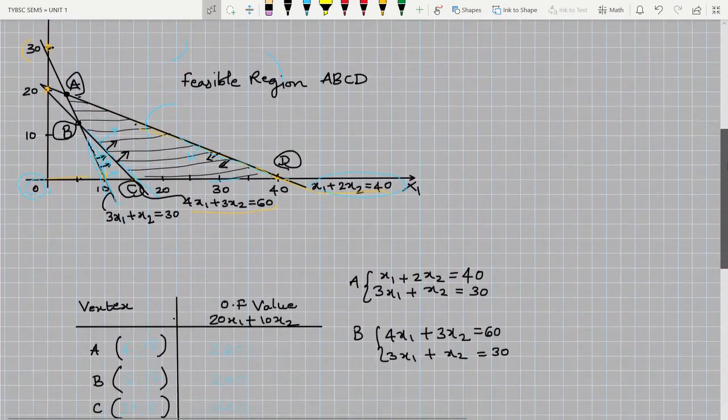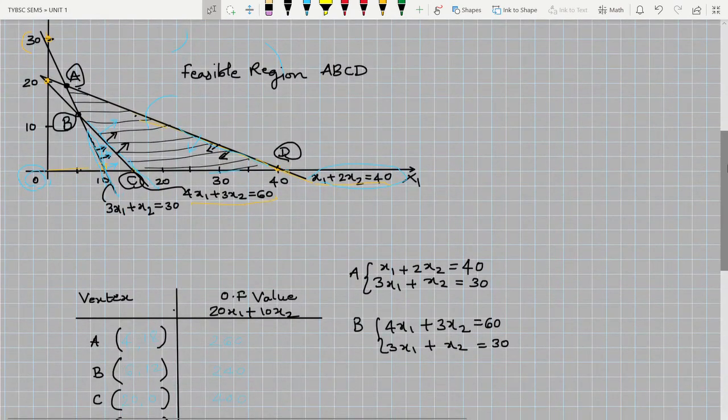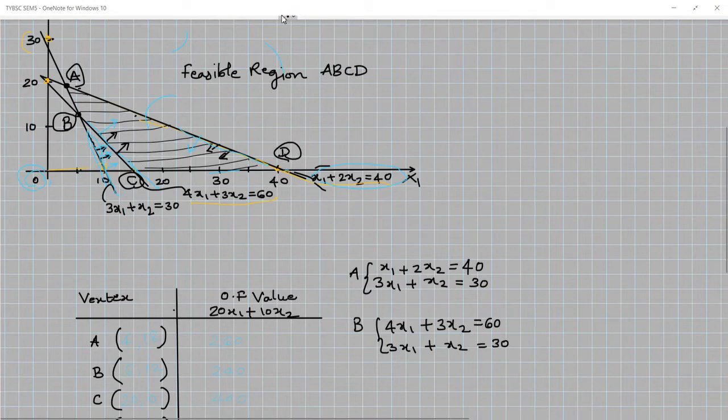Now you can see from the graph that point A is the point of intersection of this line, that is x1 plus 2x2 is equal to 40, and the line 3x1 plus x2 is equal to 30. These two lines I have noted down here.